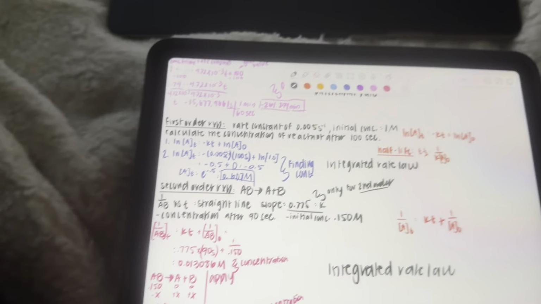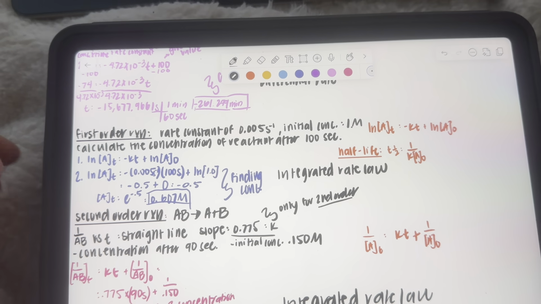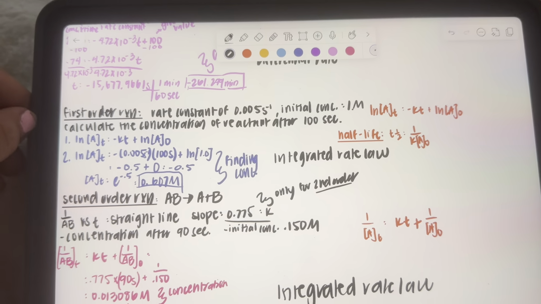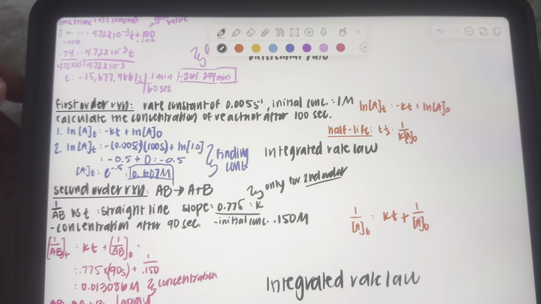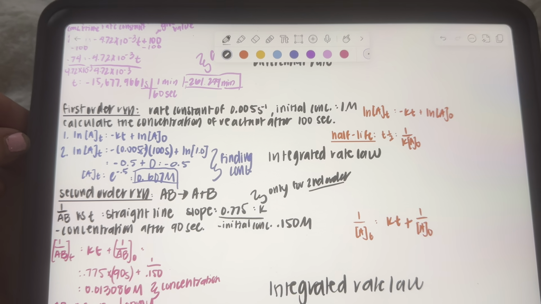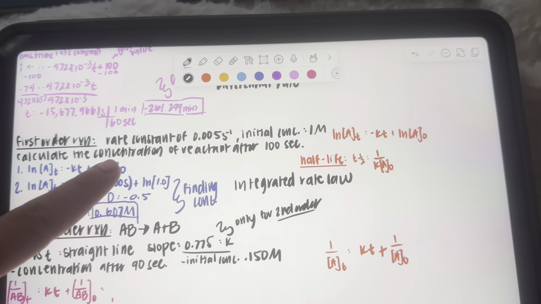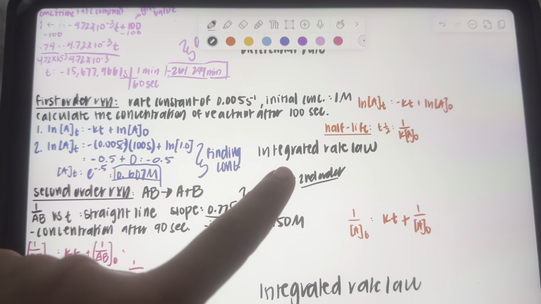Here's an example. I just wrote down the keywords: the rate constant, and an initial concentration of 1. It wants us to calculate the concentration of reactant after 100 seconds. This time we're solving for the concentration, so I wrote down that we're solving for the integrated rate law.